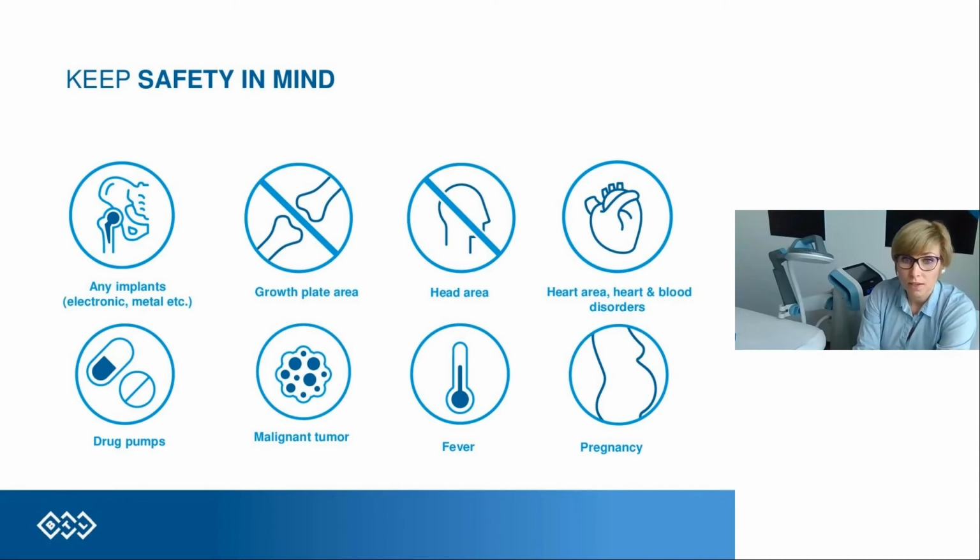So we have to inform our patients and their parents that, of course, this is the contraindication, but the advantage that will come from using the superinductive system in the spasticity reduction is much more valuable than the growth plate concern. Of course, the total contraindication is the head area, so we cannot apply it on the head area and on the front part of the neck.